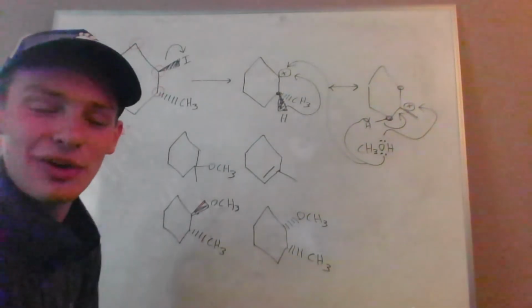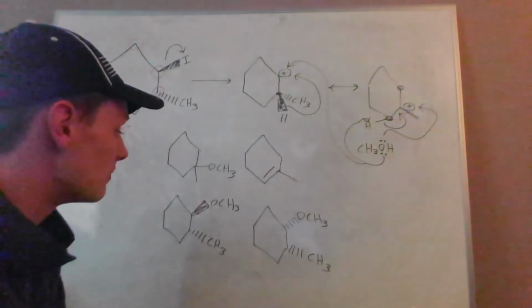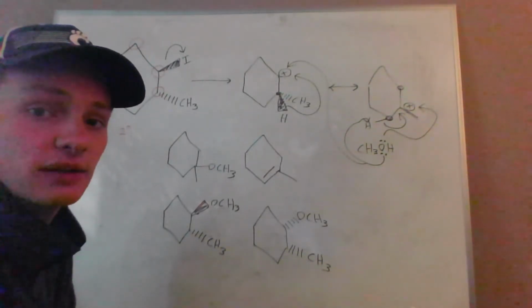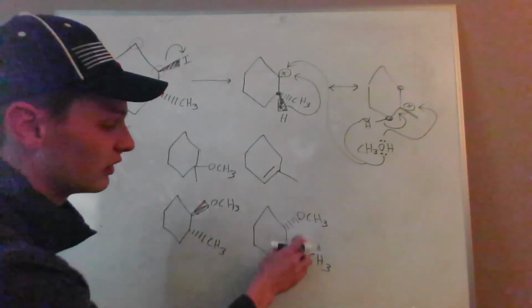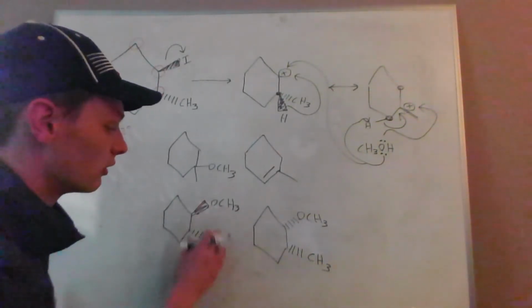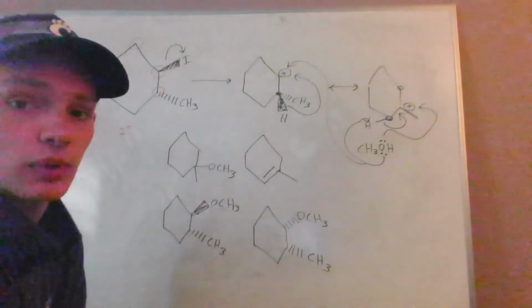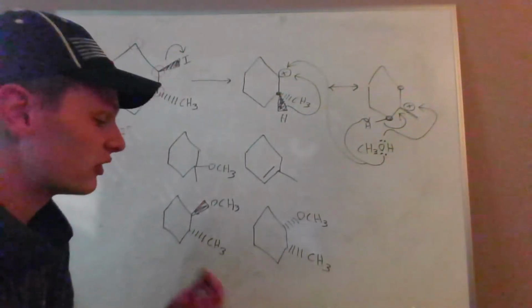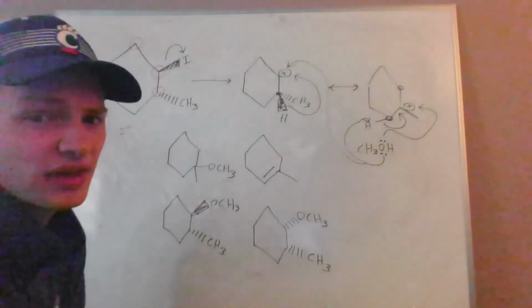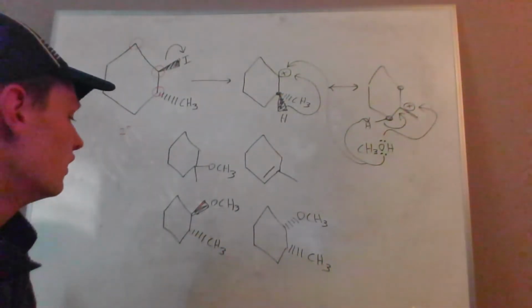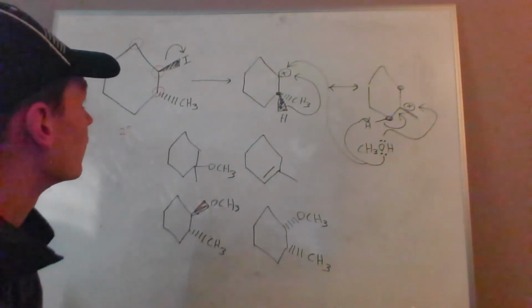If you remember the Cahn-Ingold-Prelog rules of labeling R and S and getting those assignments, that's extremely important. The reason I say it's important that they're diastereomers is that these two groups are cis, and now these two groups are trans, so those are different molecules. Unlike enantiomers, which are non-superimposable mirror images of each other, these are not the same compound. So that is very much important for us to realize.